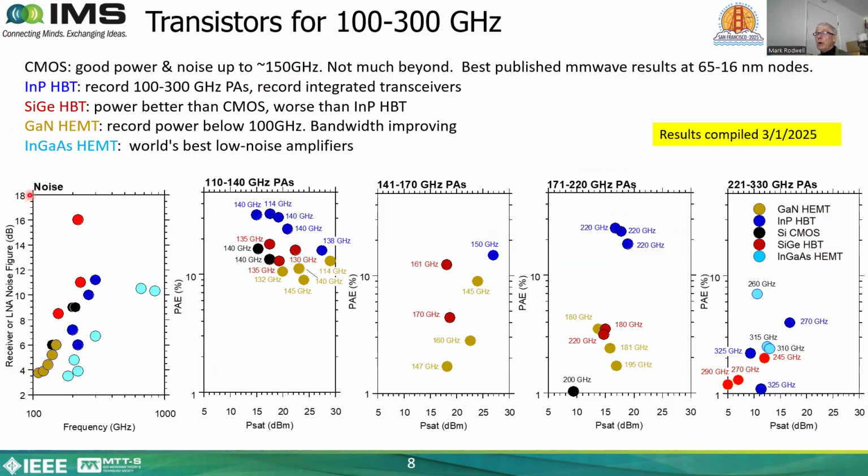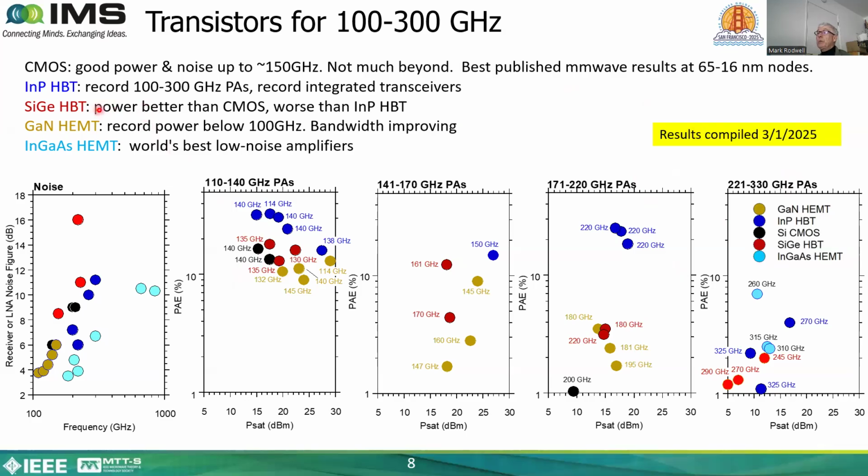Here I'm showing you graphs of receiver noise figure and transmitter power added efficiency on the vertical scale, on a log scale, versus transmitter saturated output power, again on a log scale, broken down into 4 frequency bands going up progressively in frequency. What we can see is CMOS is doing pretty well up to about 140, 150 gigahertz, but performance is dropping off pretty quickly above that.